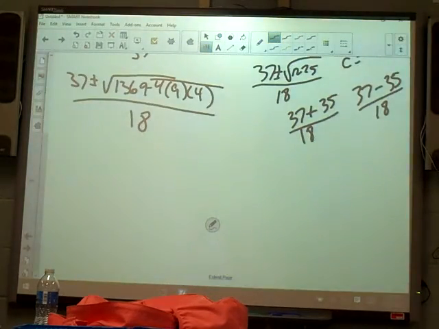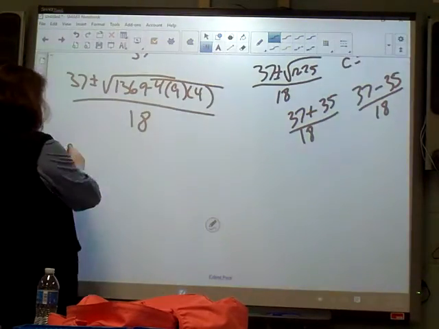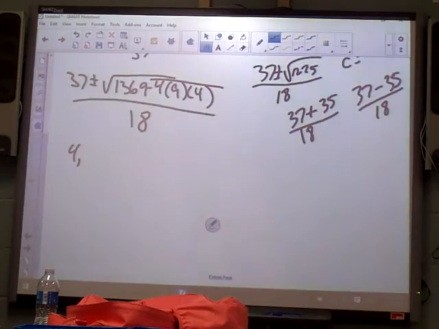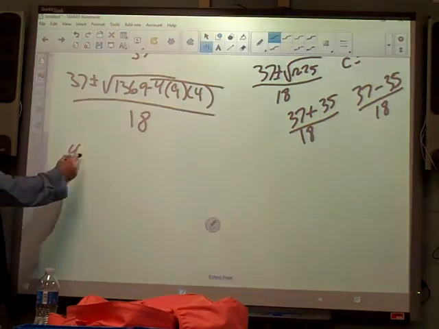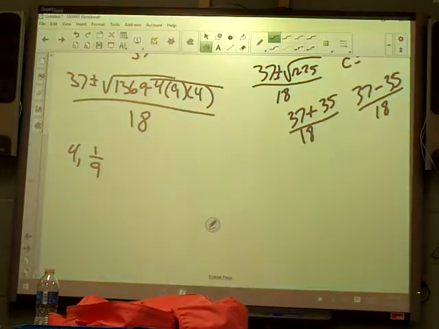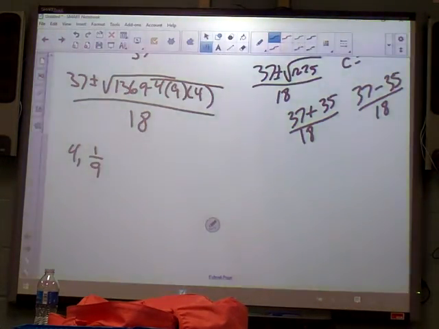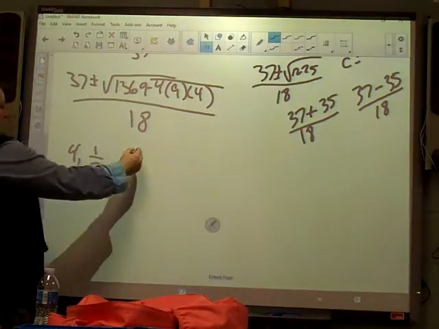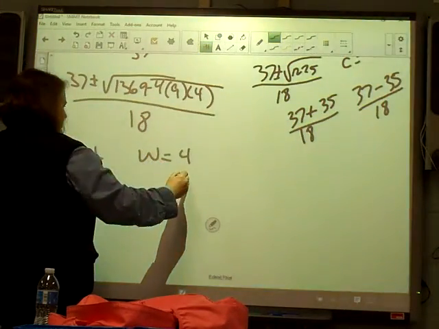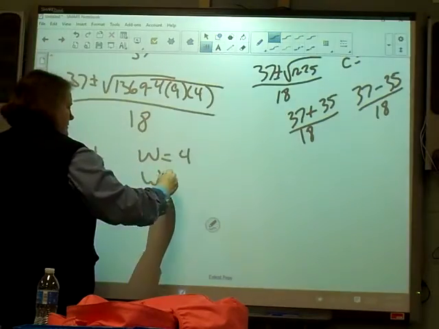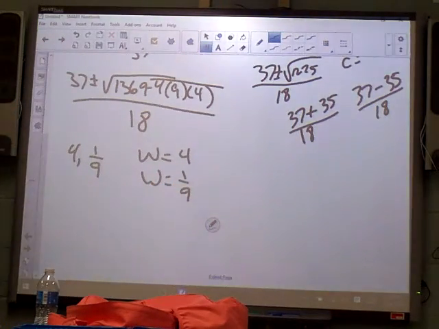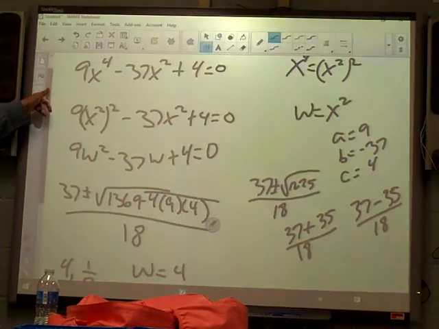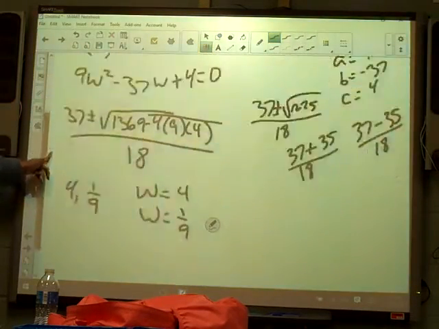72 divided by 18 is 4. And then 2 divided by 18 is 1/9. All right, so that's really what my W's are. We made a statement way up here above that W is equal to x squared.